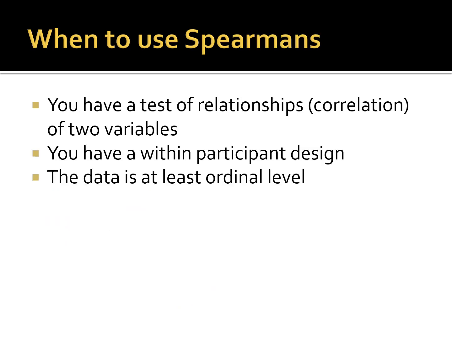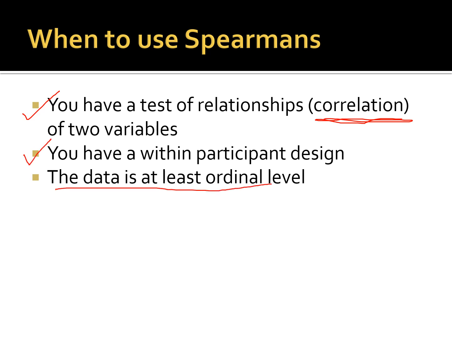So, the reasons when you would use a Spearman's. Key things. You use Spearman's rank, and this is the only test for a correlation. If you have a test of a relationship between two covariables, it's a Spearman's. If you have a within participant design, so the same participant filling out the two different versions of the covariable scores, you use a Spearman's.